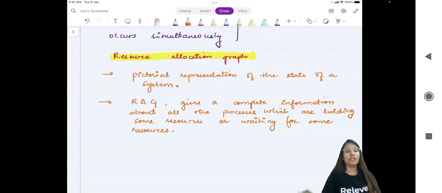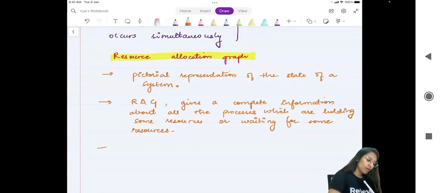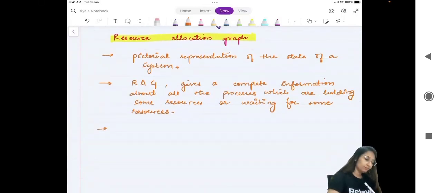Okay, not only that, it also contains information about all the instances of all the resources, whether they are available or being used by other processes.